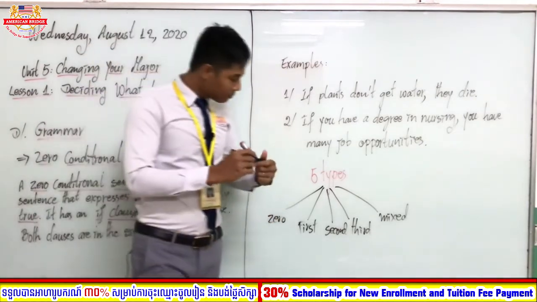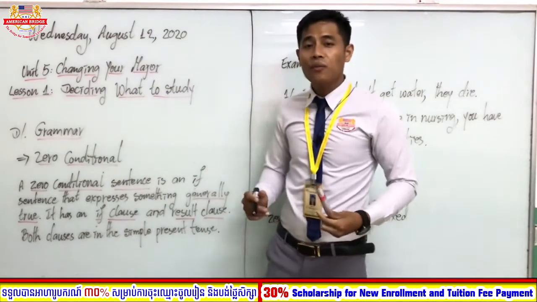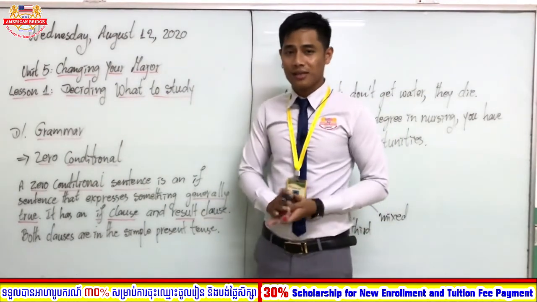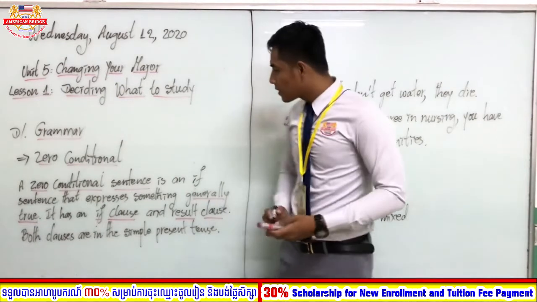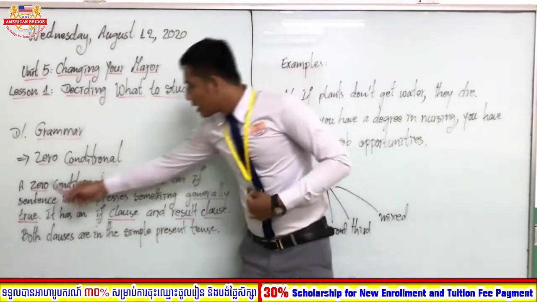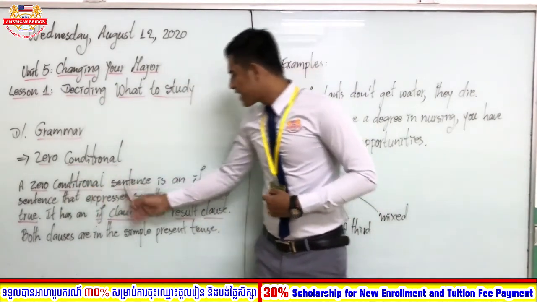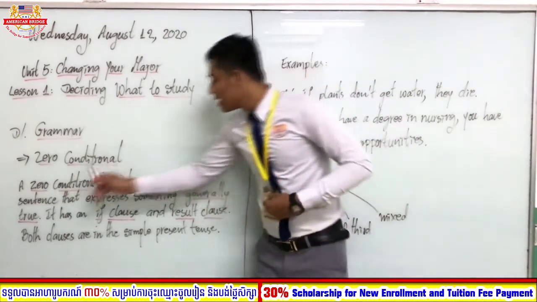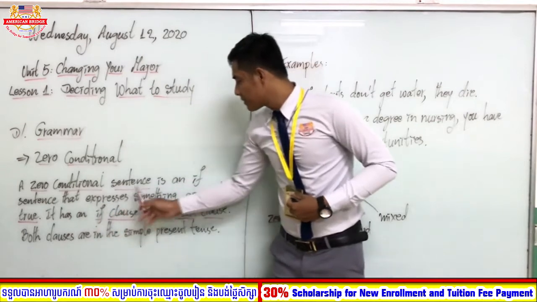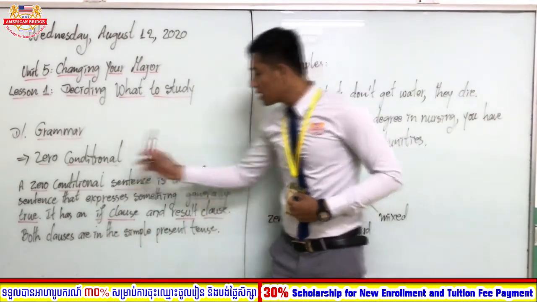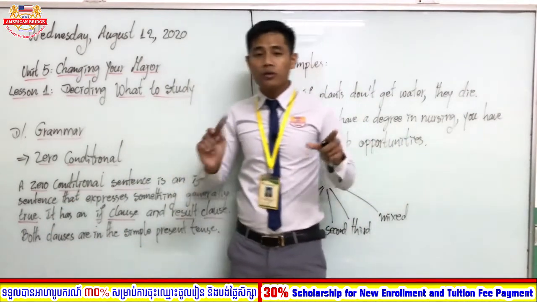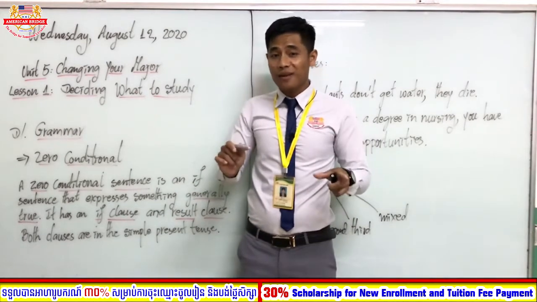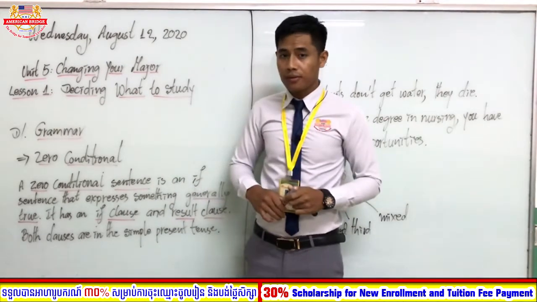Okay, so students, how do we use zero conditional in sentences? Let the teacher tell you. A zero conditional sentence is an if sentence that expresses something generally true. We use it to express something generally true.